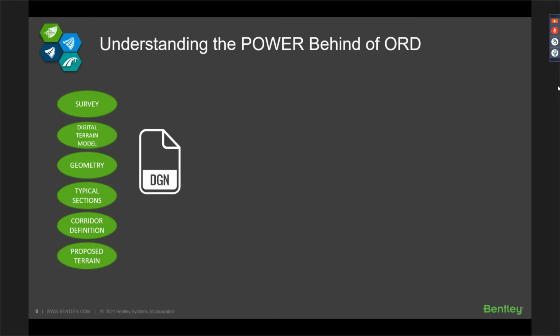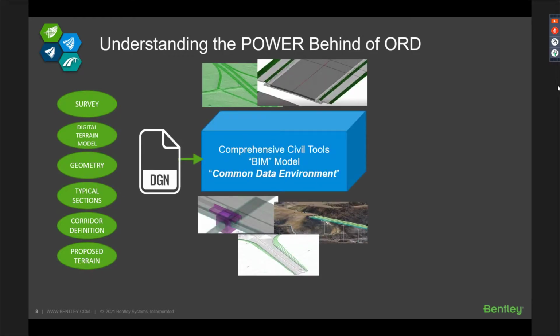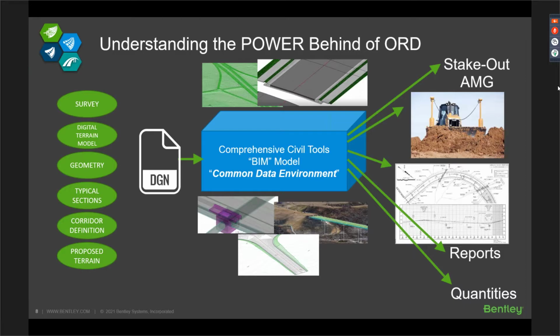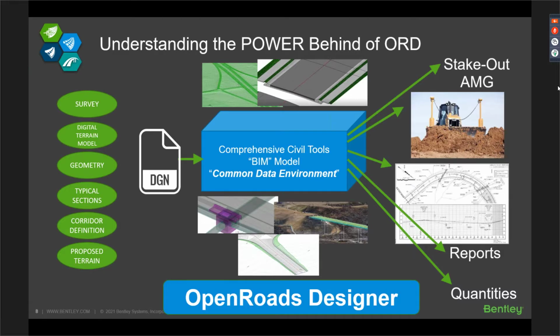Now with OpenRoads Designer, all this data can be saved in a DGN file, allowing you to leverage the comprehensive civil tools of ORD and deliver a BIM model, which is basically a common data, the DGN, that allows you to output your design, models, or other deliverables like reports, quantities, sheets, or even your construction stakeout formats, only by using OpenRoads Designer.